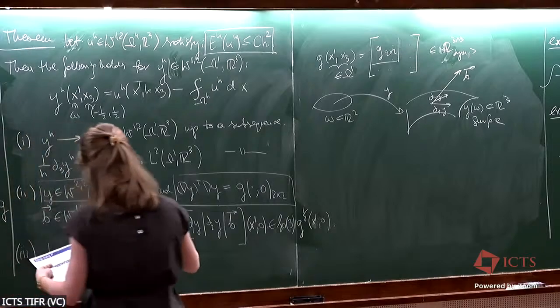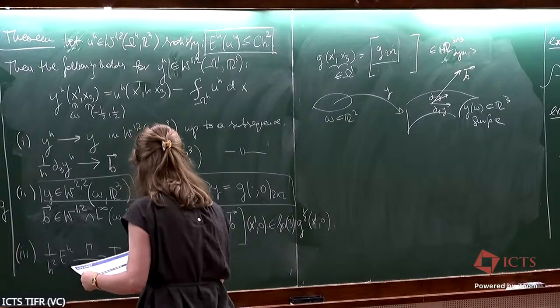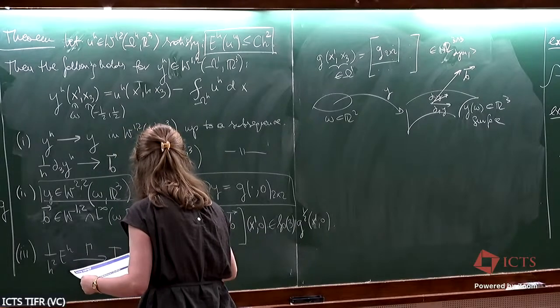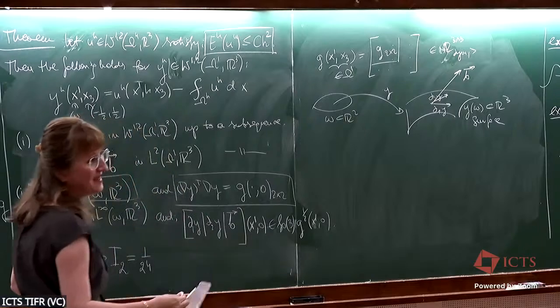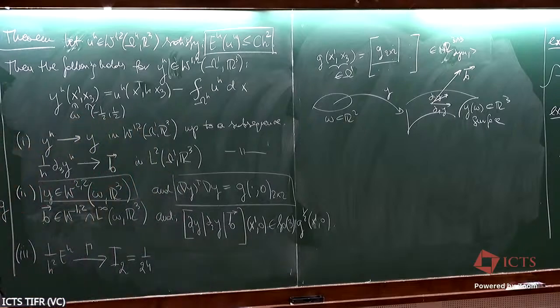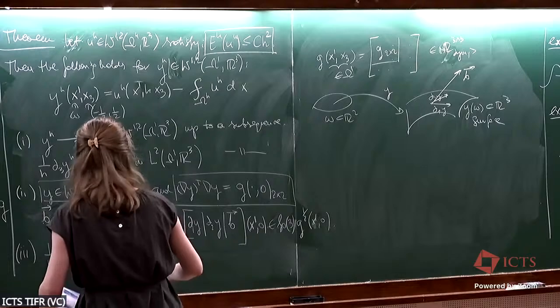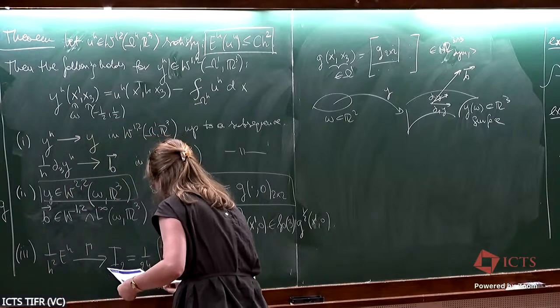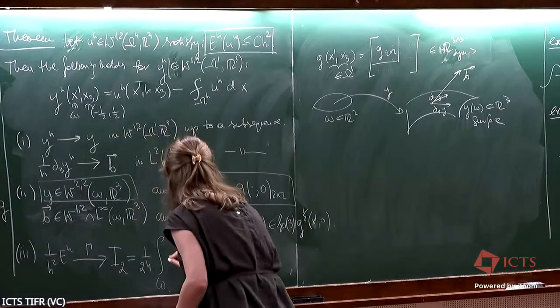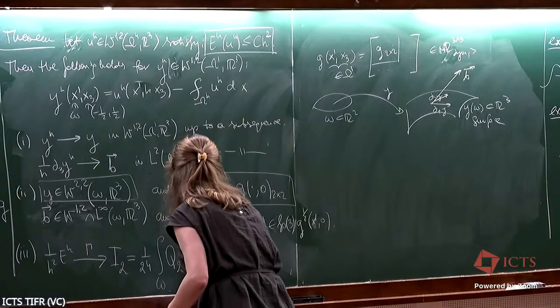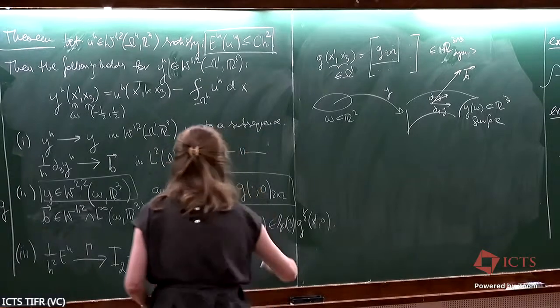And I2 of y equals, there is a certain prefactor, 1 over 24, if you know the Kirchhoff theory in nonlinear elasticity, that's the same 1 over 24. And then I have an integral on the midplate omega. Okay, Q2, this is a certain quadratic form. I will explain it in a moment.